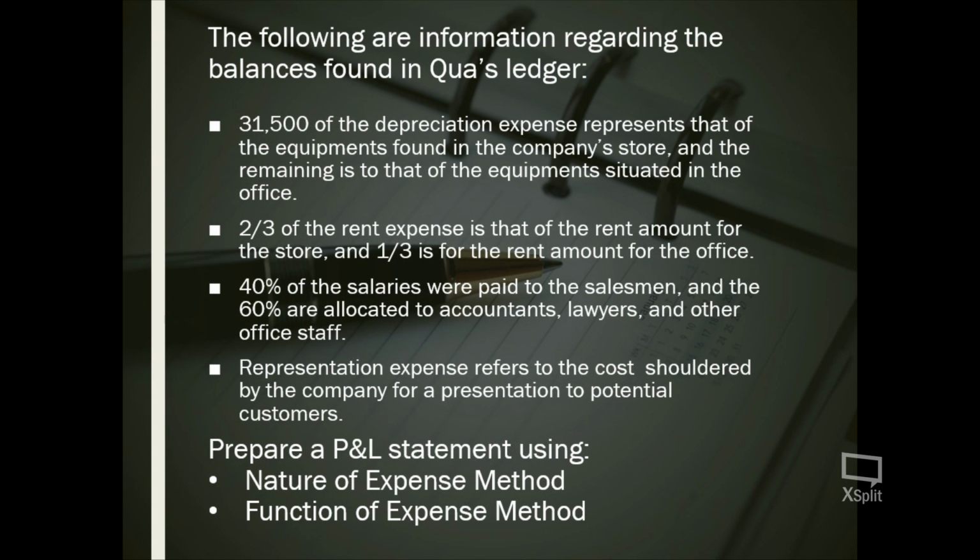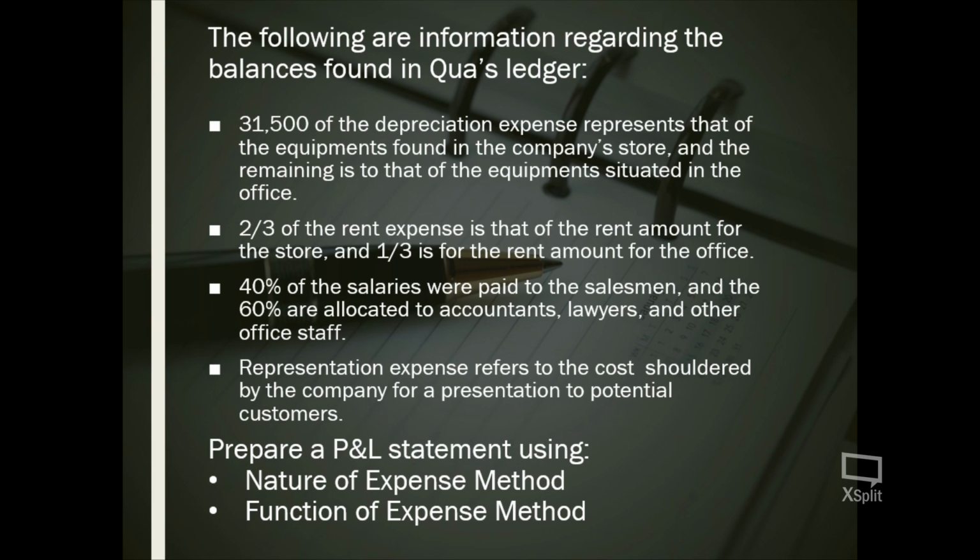So, meron pa dito, the following are information regarding the balances found in the ledger. So, ito guys, these information are going to be used to help us allocate if an expense is classified as a selling expense or a general and administrative expense.